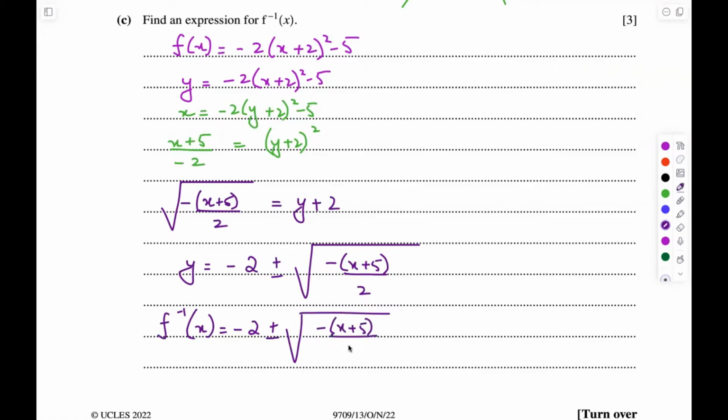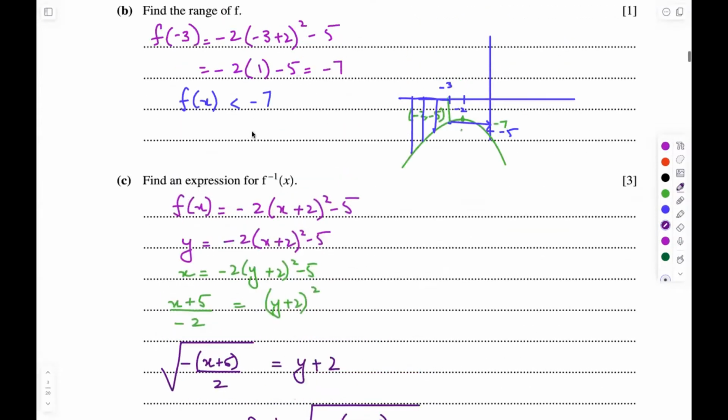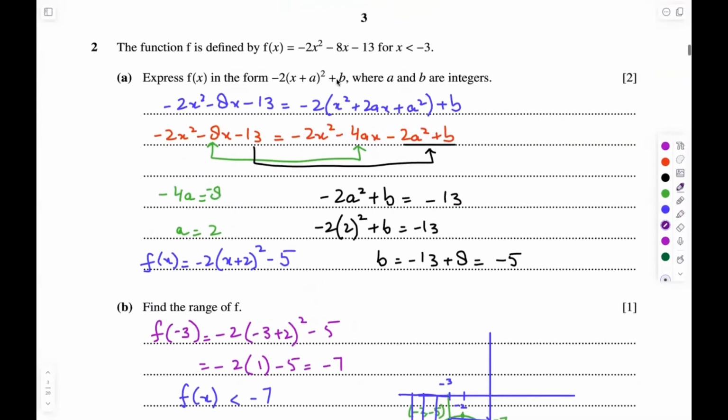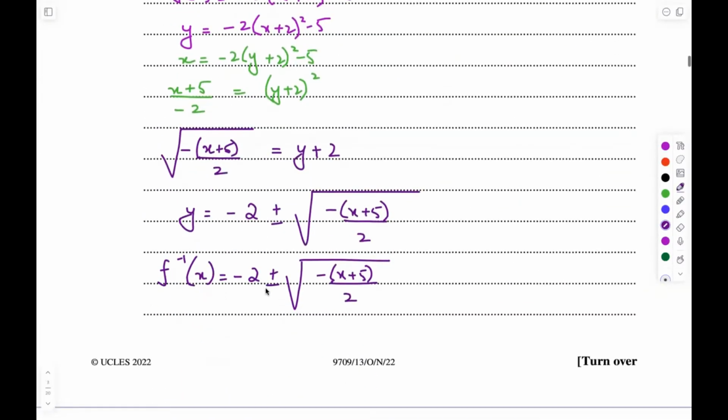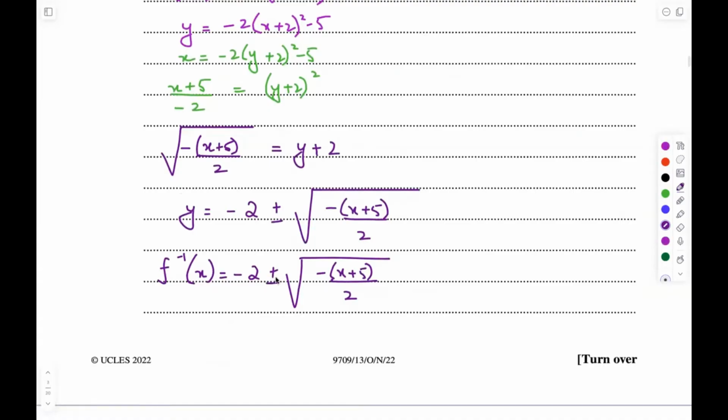However, there is one thing we have to be careful about, and that is the domain of the function f of x, which was x less than minus 3. This means that the range of the inverse function must always be less than minus 3 as well. So if we take the positive sign, minus 2 plus this particular answer will not be less than minus 3. In that case, the only valid value for f inverse of x is if we take the square root with a negative sign.